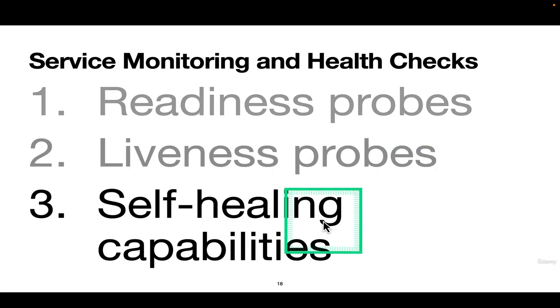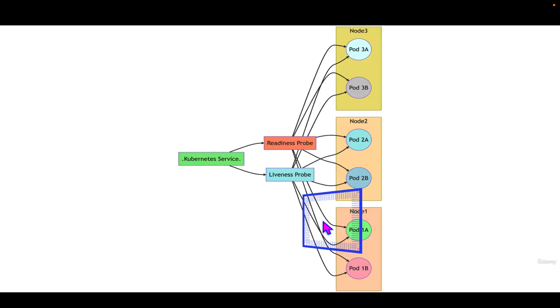Self-healing capabilities. By leveraging readiness and liveness probes, Kubernetes provides self-healing capabilities, automatically removing unhealthy pods and replacing them with new ones to maintain the desired application state.